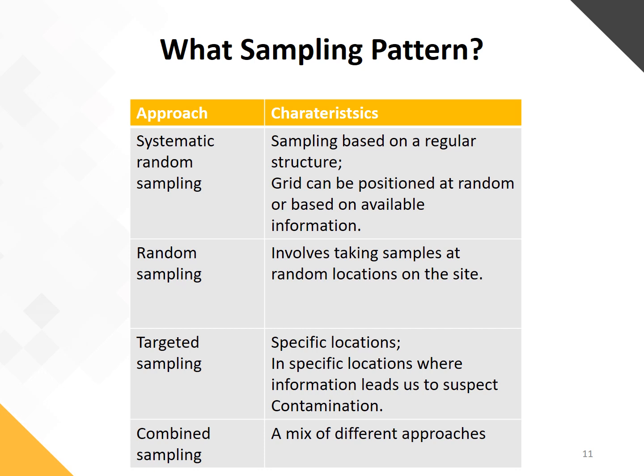It involves taking samples at random locations at the site. Then you have the targeted sampling that you will use a lot. It's actually at specific locations. So depending on the risk that you identified before, you might want to sample at that specific place where the underground tank used to be, for instance. Then you have the combined sampling, which is just a mix of the different approaches.